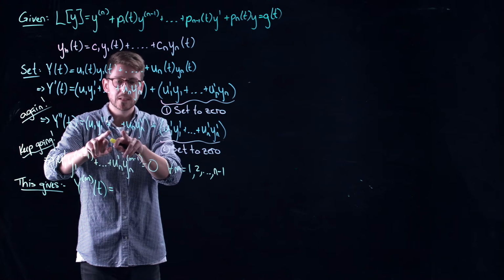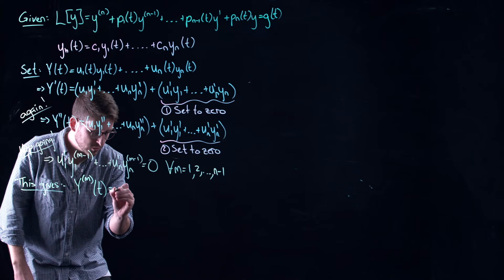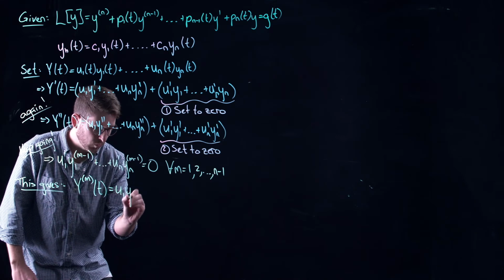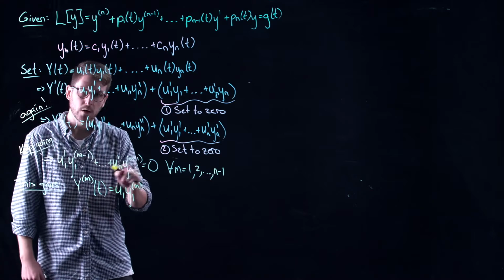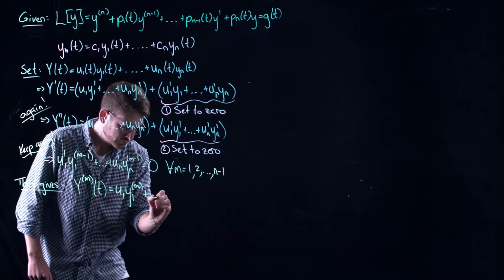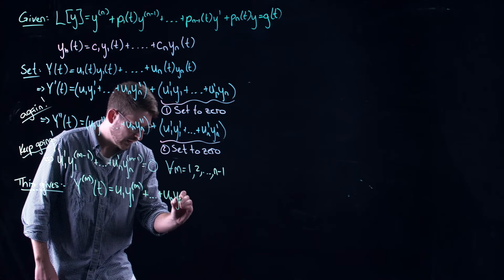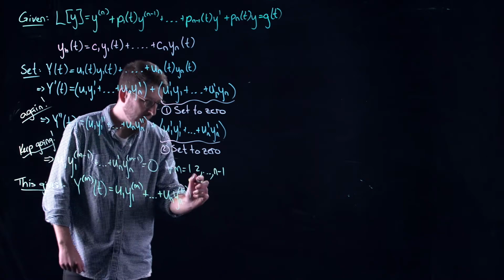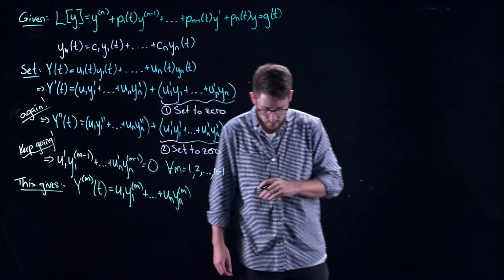Second time you did it, you got this piece right here only because we set this equal to 0. And in general, what you're going to get is u1, y1, the mth derivative. That's why I had to have these m minus 1s. That might have been confusing. And then all the way up, un, yn to the m. Again, for all m from 1, 2, all the way up to n minus 1.